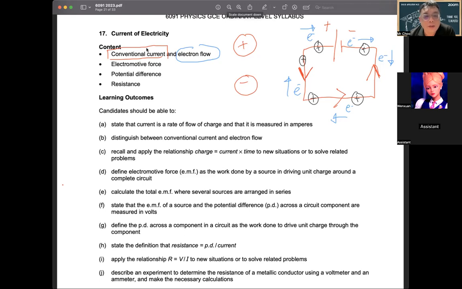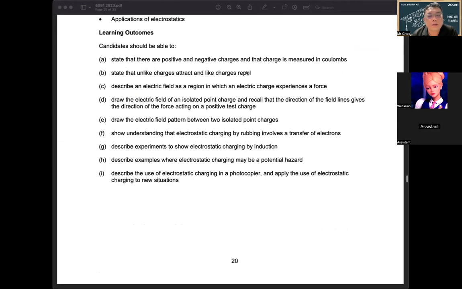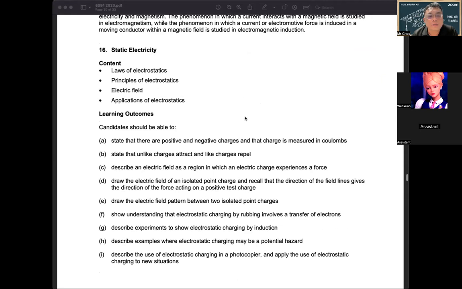What is current? We know what is charge. Have we learned charge in a previous chapter? Let me revise what is charge. There are different types of charges.